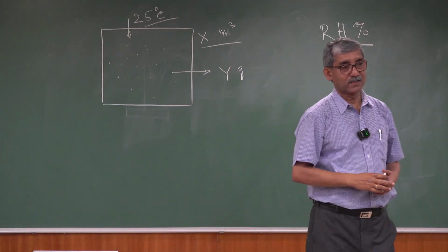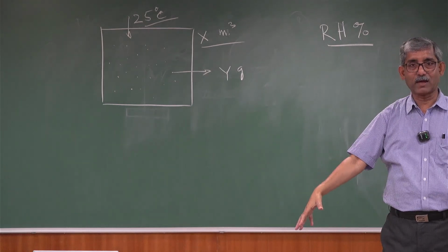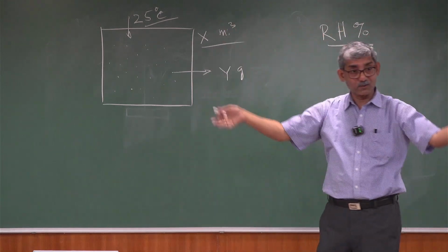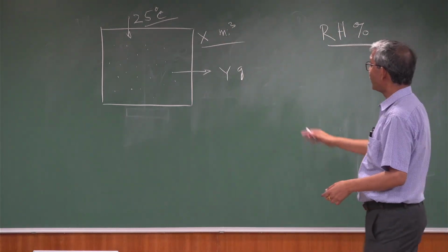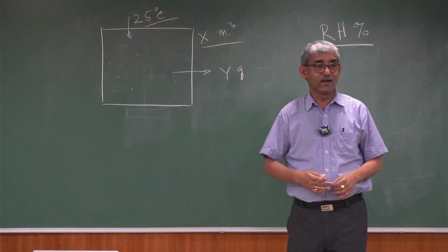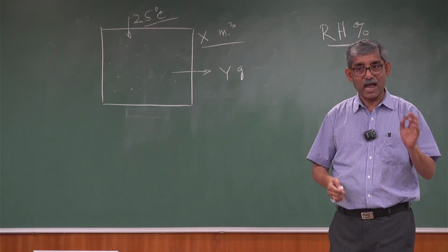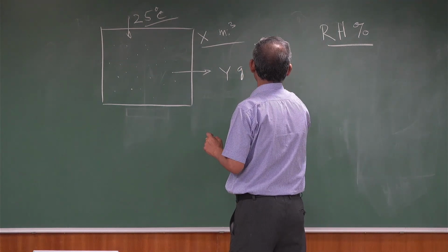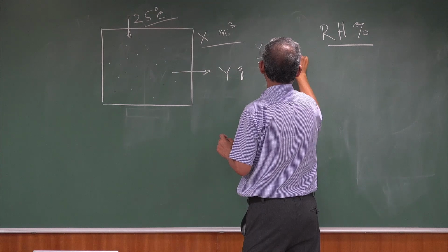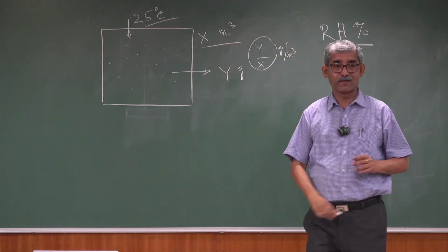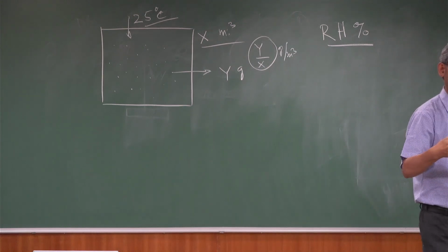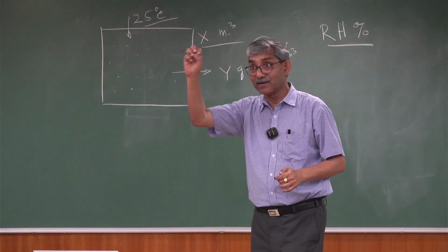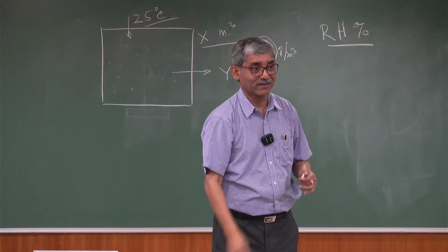So x cubic meter is the total volume of this room, and y gram is the vapor mass. Now the absolute humidity will be y by x, in gram per cubic meter, the moisture content in there.